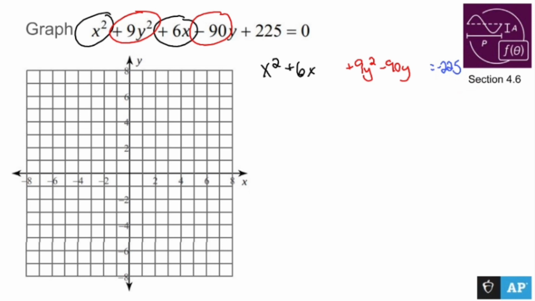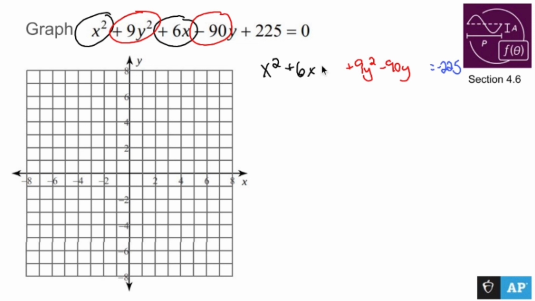Now, the process that you're going to do for both x and y is called completing the square. First off, make sure there's nothing in front of x squared, thank goodness. Take half of the number in front of x, which is 6, so half of that is 3.